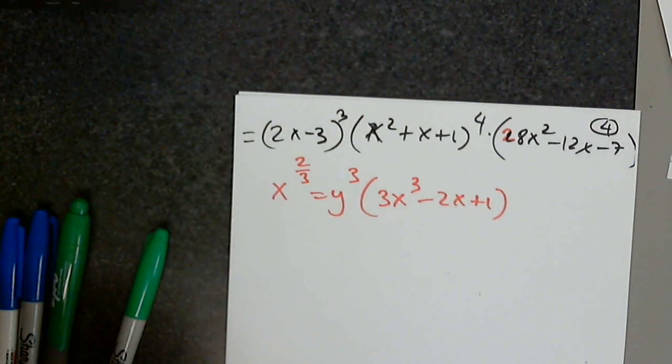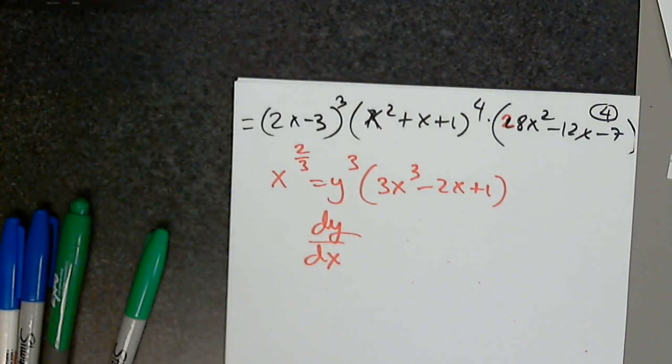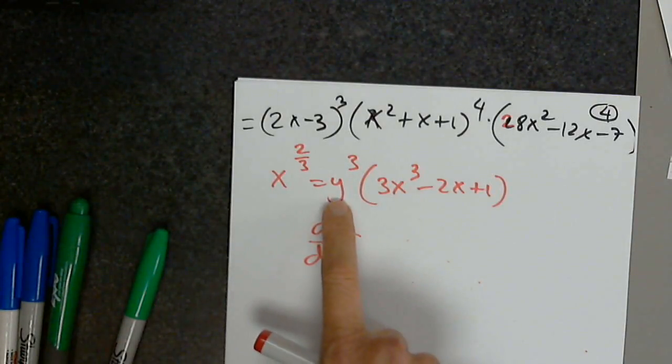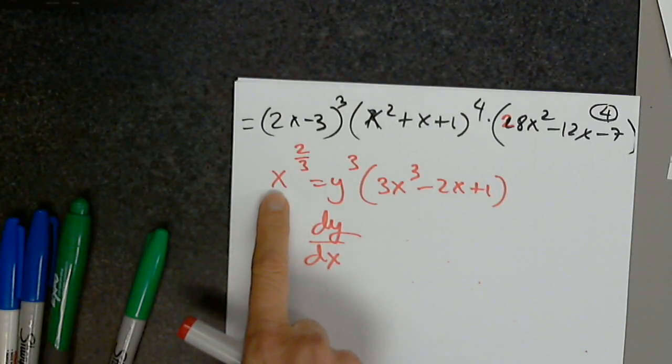So if we want to solve for y, the question here is dy over dx. When I'm asked to find dy over dx, I am really told two things. Number one is that y is a function of x, which means y is the function and x is the independent variable.